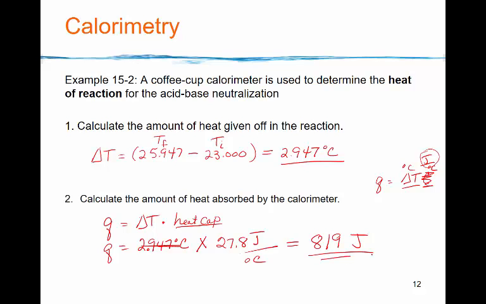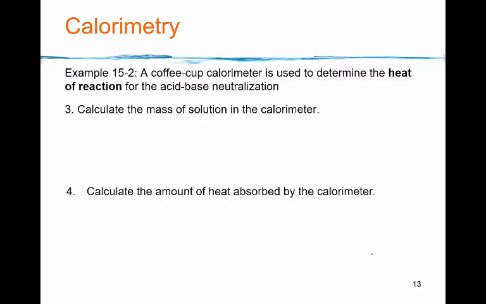Okay, so that is the amount of heat absorbed by the calorimeter. So we have delta T, which is 2.947 degrees C, and the Q of the calorimeter, which is equal to 819 joules.